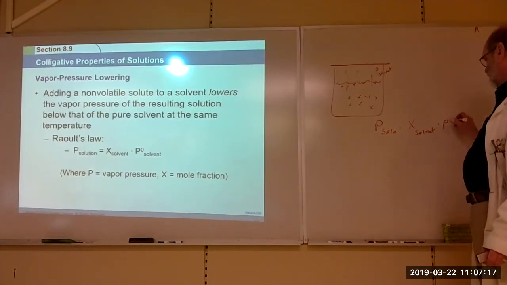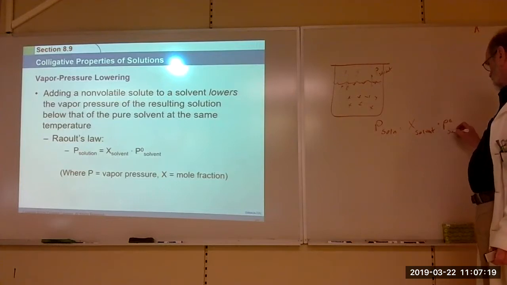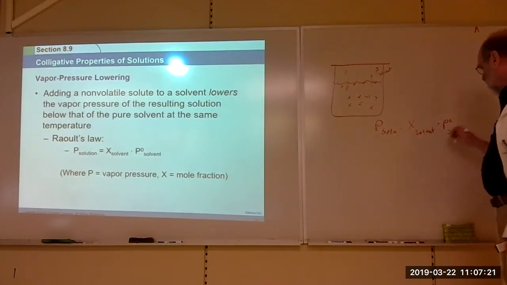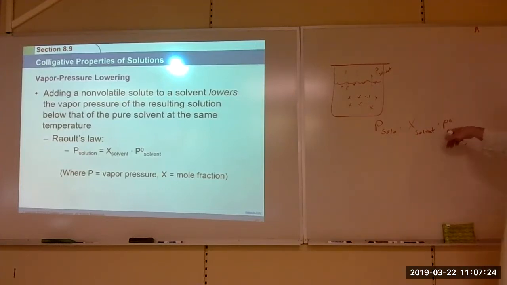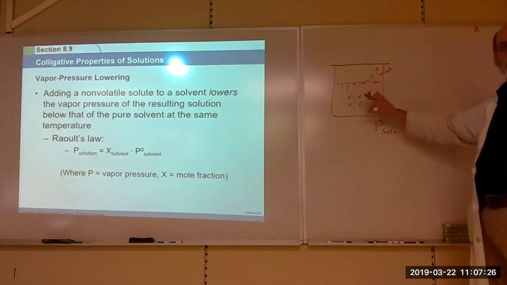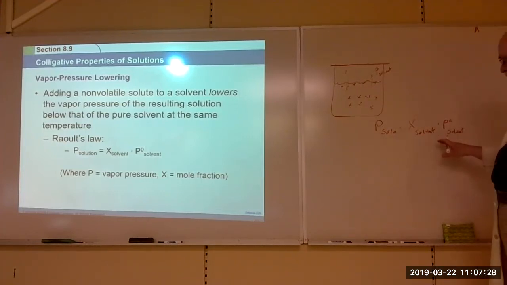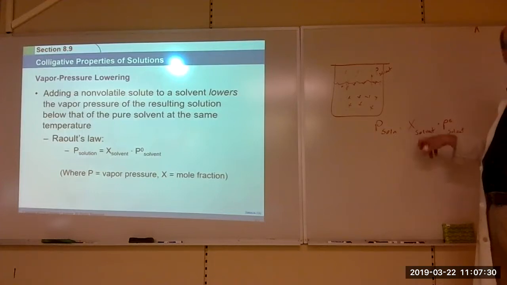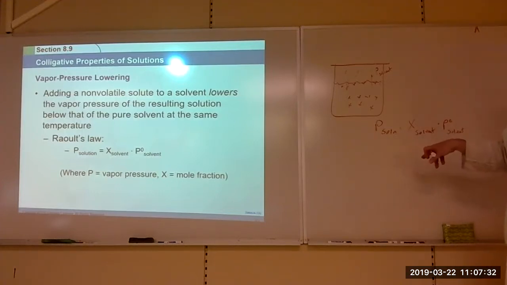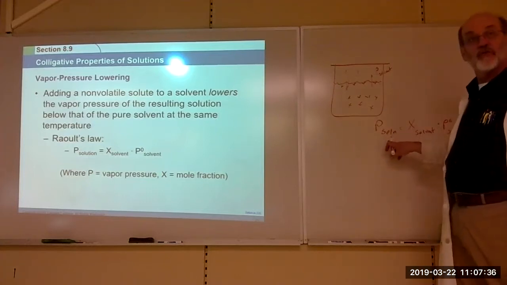times the vapor pressure of the pure solvent. So the pure water here would give you a certain vapor pressure. And if you know this X value, which will be a fraction less than 1, then you can calculate its true vapor pressure.